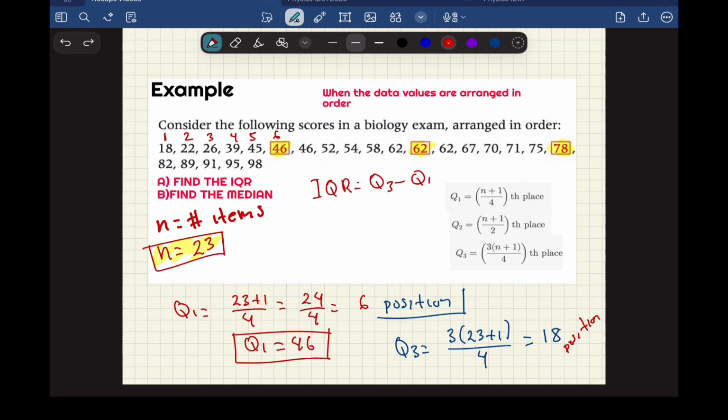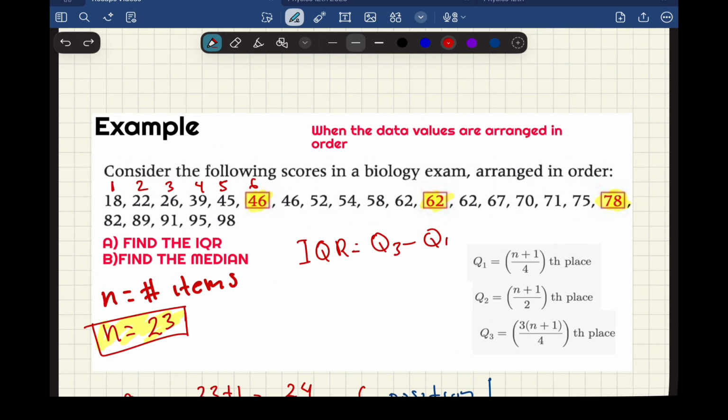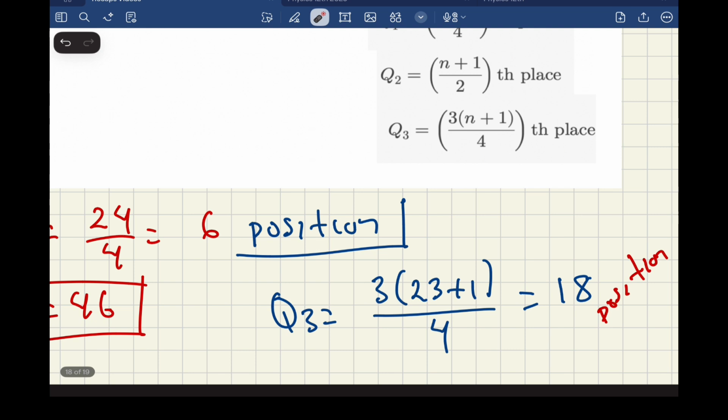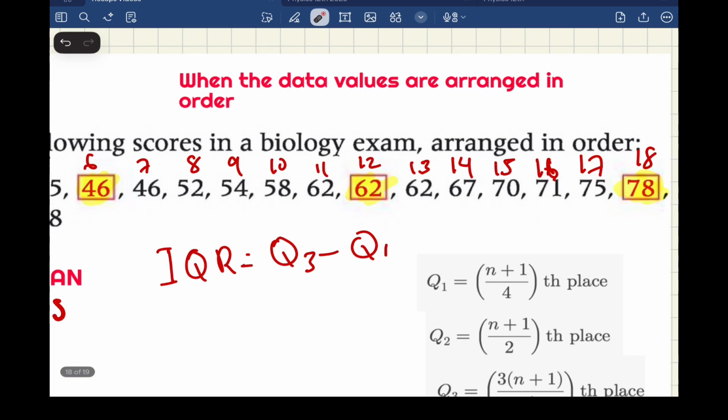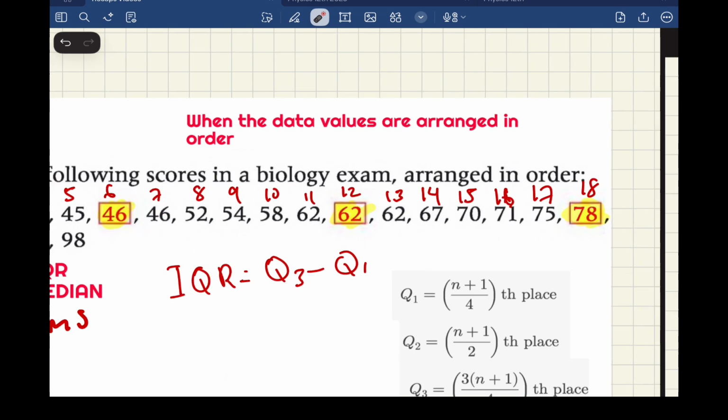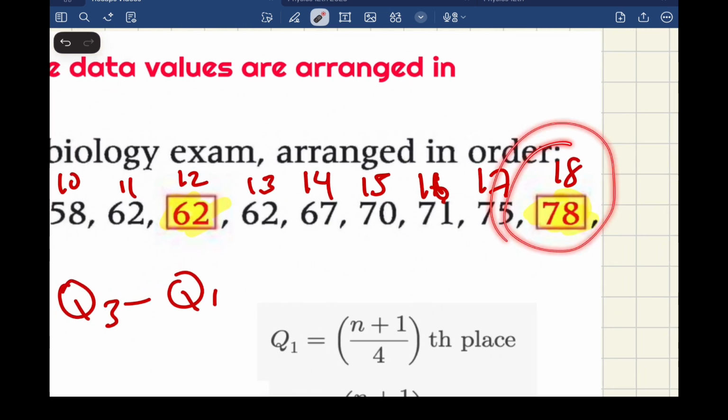So this means that we need to count what the number is using the position 18. If we want to find what Q3 is, we need to check what the number is here using the position 18. As you can see, the number using the position 18 is 78.